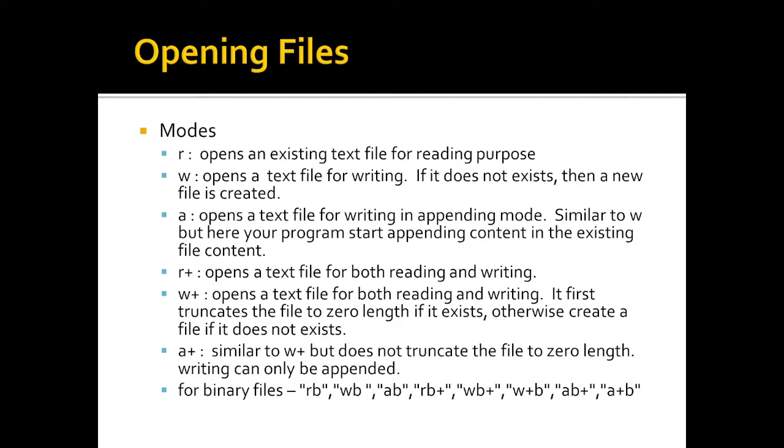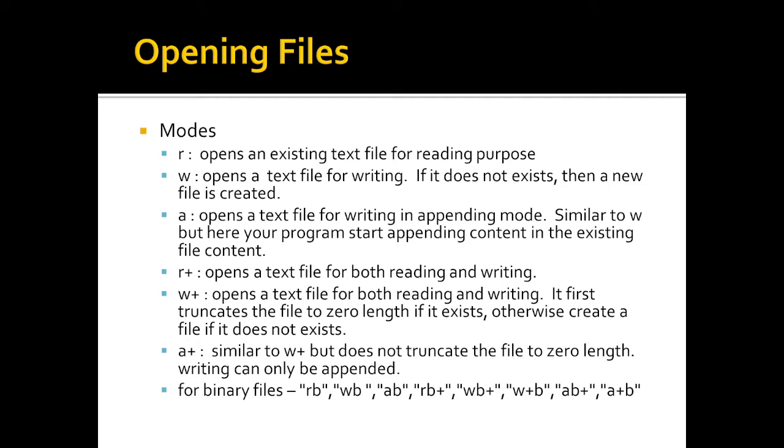We can also use R+, which opens a text file for both reading and writing. W+ opens a text file for both reading and writing, but it first truncates the file to 0 length. So if it exists, it will overwrite the whole file, and otherwise create a file if it does not exist.